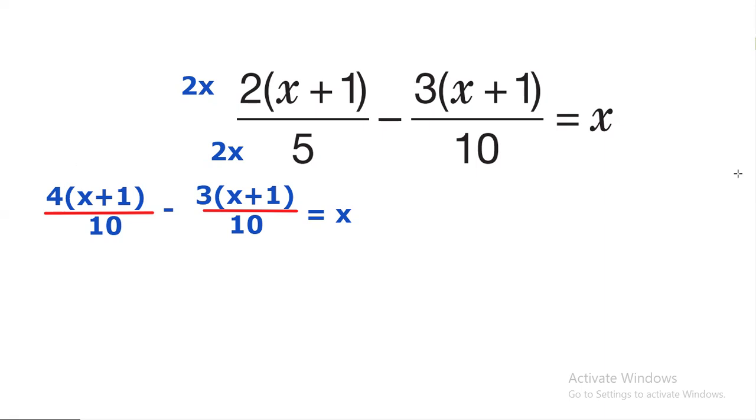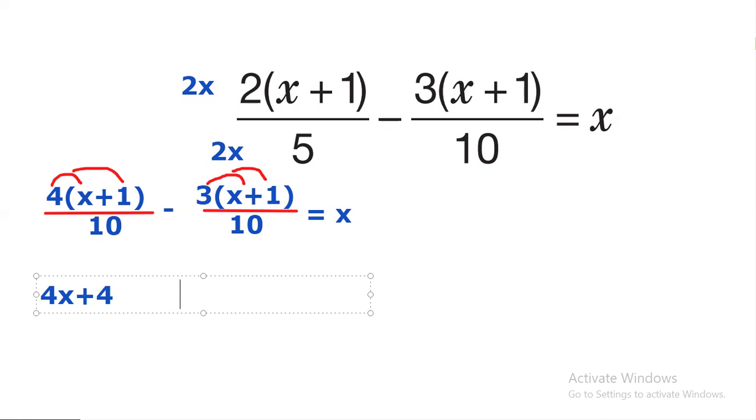So here, let me finish the rest of the steps. First thing, we have the same denominator. So before we do anything, let's expand the ones that have brackets, okay? So I'm going to expand the numbers outside inside the bracket. So here we have 4x, 4 times x is 4x, and then 4 times 1 is 4, okay?